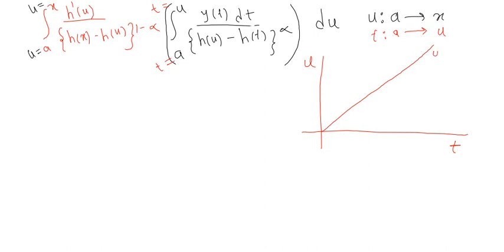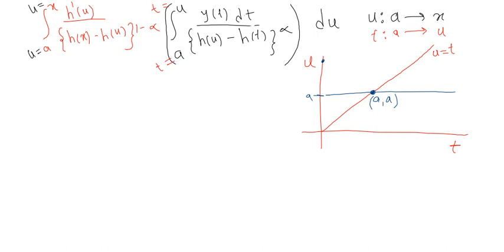So this is the line u equal to t. Now u is varying from a to x, so this is the u vertical line. Let us suppose this is a; if I extend this line, this point will be a comma a. Suppose x is somewhere here.